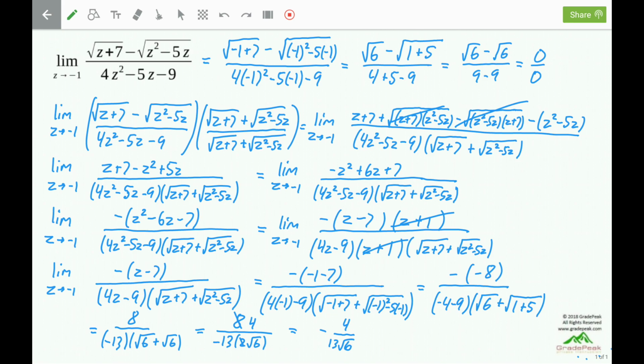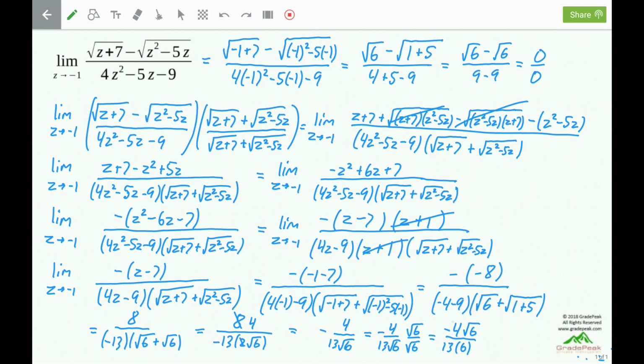This can be rationalized if we wish, and maybe I will show the rationalization. That's where we multiply the numerator and denominator by the root which we see in the denominator, which is root 6. That will give us negative 4 root 6 divided by 13 times 6.